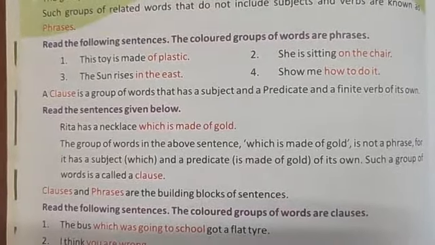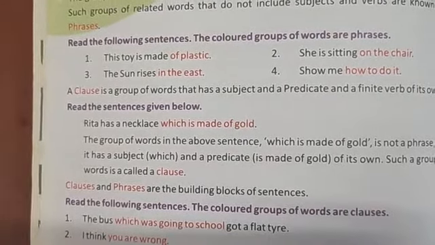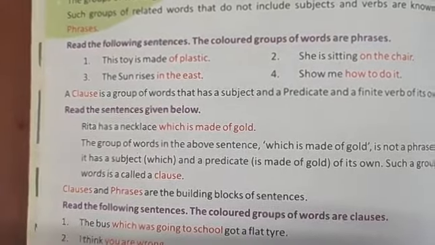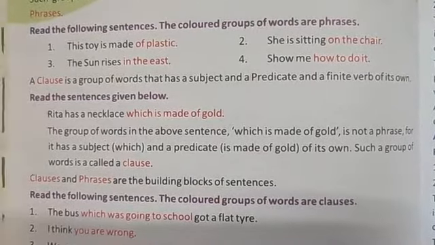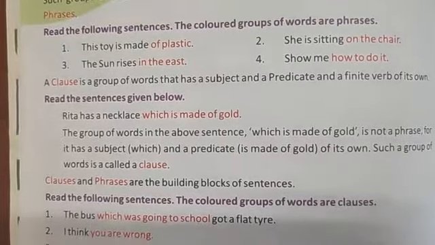No, it does not make a complete sense, though it has a subject and a predicate. How? Which is the subject and the rest is the predicate. But it makes a complete sense when I add this clause to the sentence Rita has a necklace.